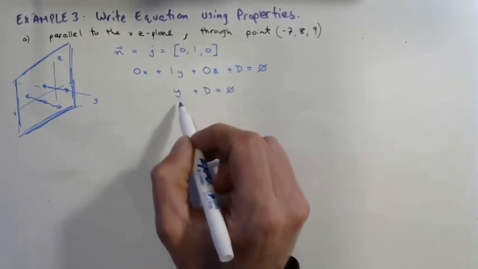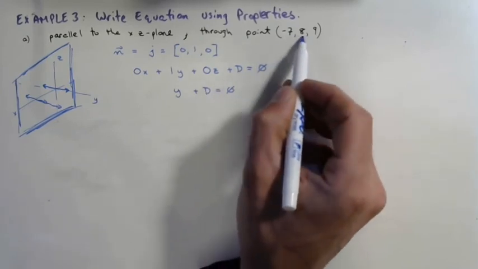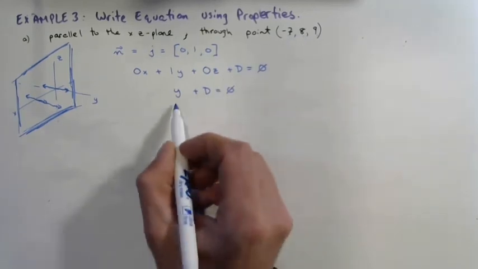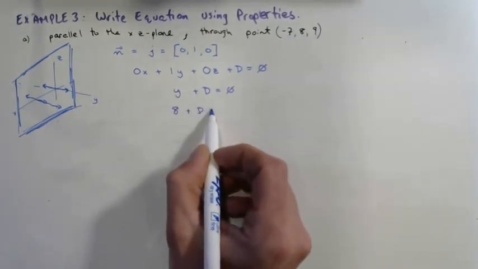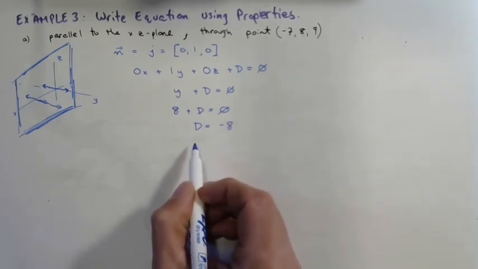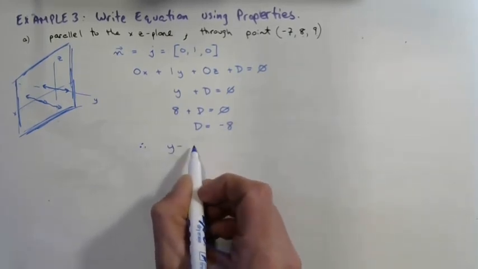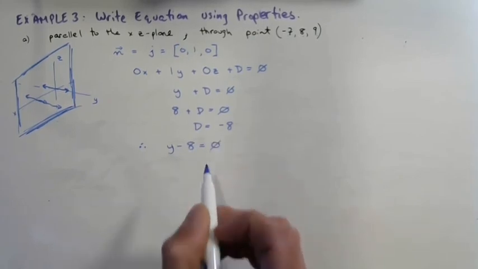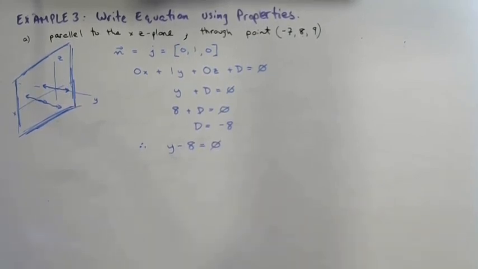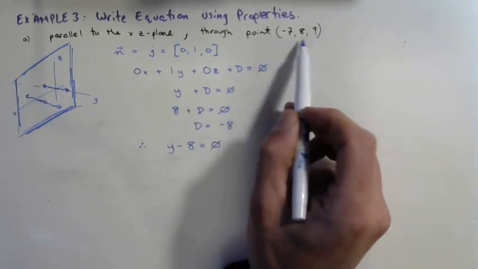All we need is the value for y in order to determine d. So I'm going to sub in 8 for y, which tells me that d equals -8, which tells us that the scalar equation is y minus 8 equals 0. That's the equation of the plane that is parallel to the xz plane and goes through this point.